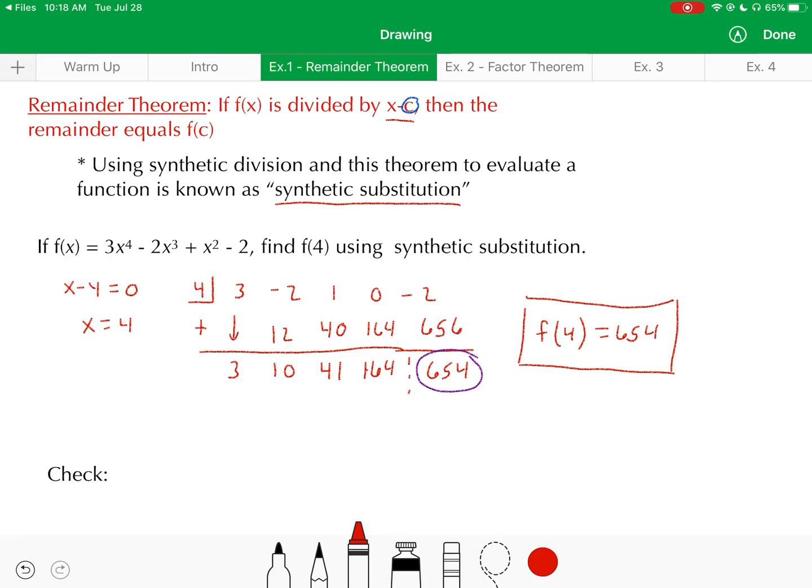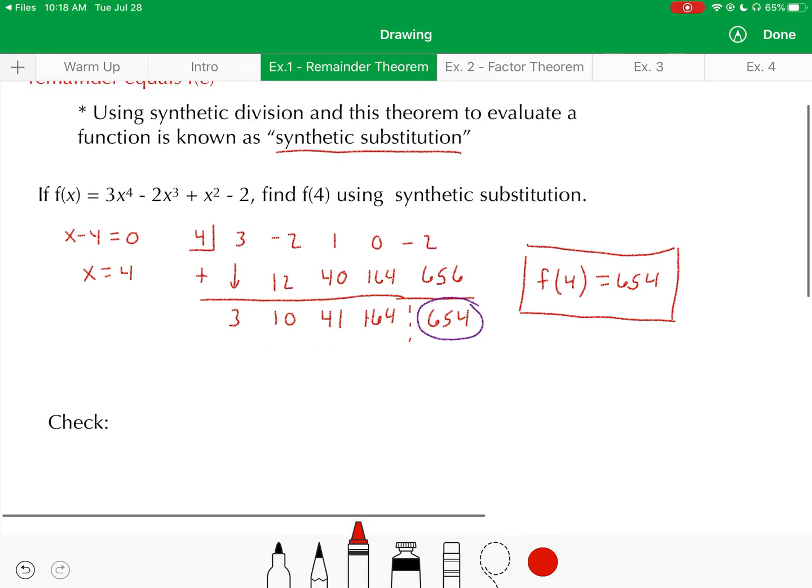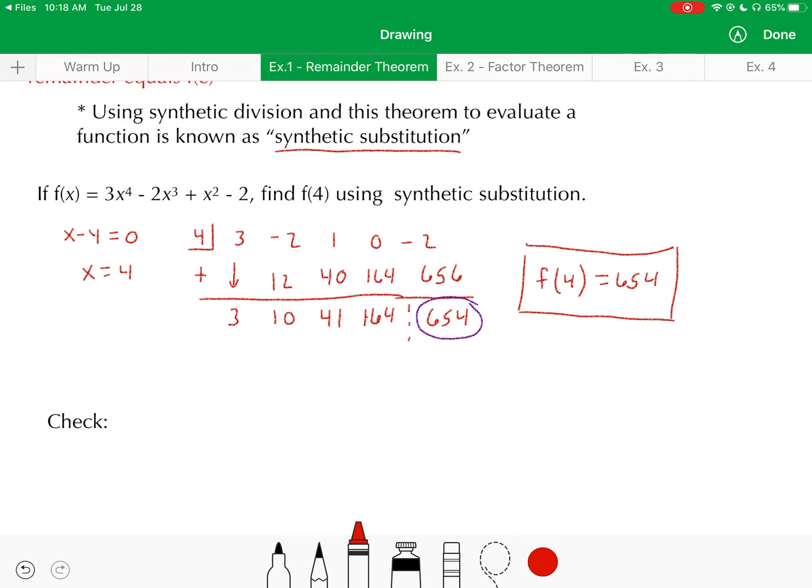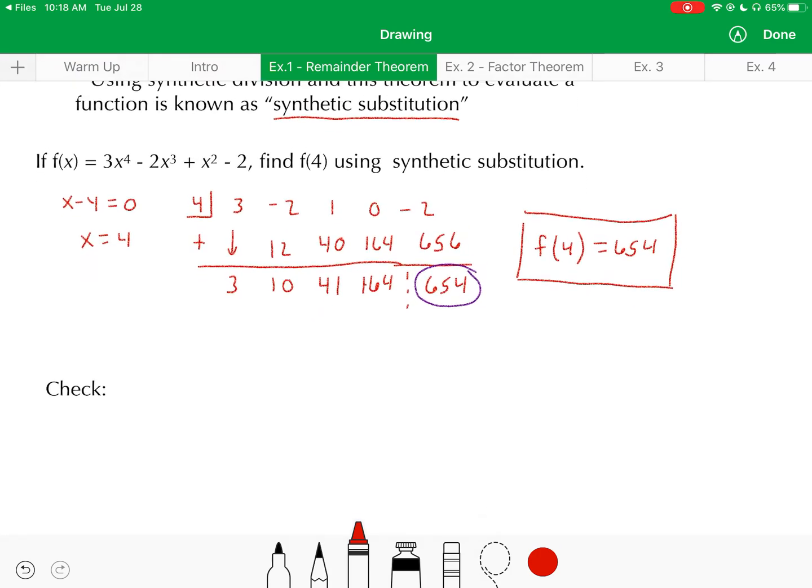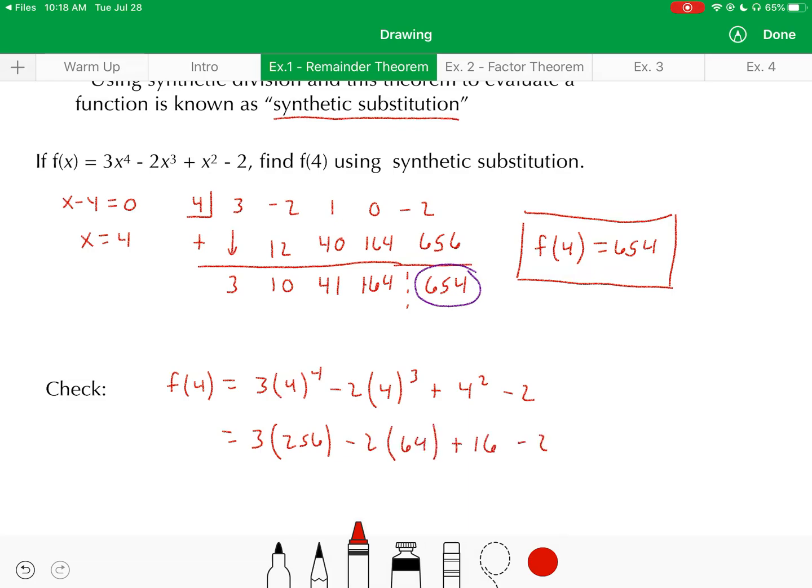All right, now let's check this. We've, of course, been able to evaluate functions just by simply plugging a value in for x and simplifying with order of operations. So if I wanted to find f of 4 the old-fashioned way, I could have simply started here. Do all your powers first. 4 to the 4th is 256. 4 to the 3rd is 64. 4 squared is 16.